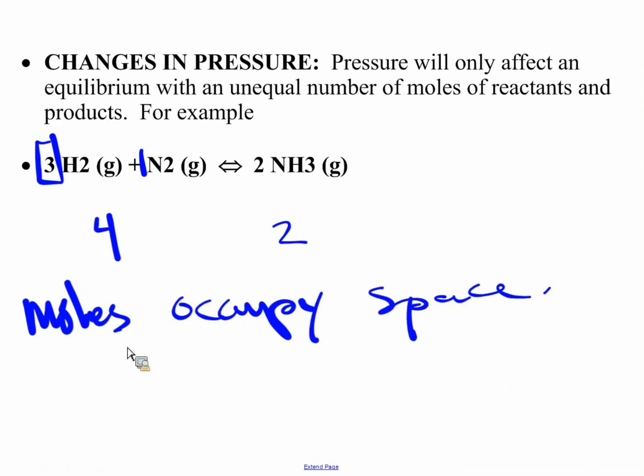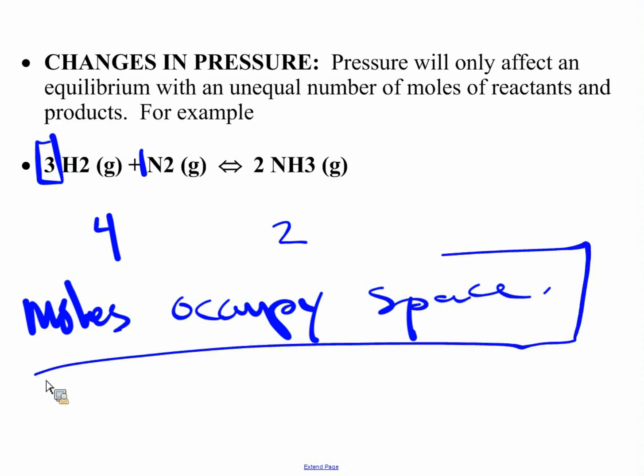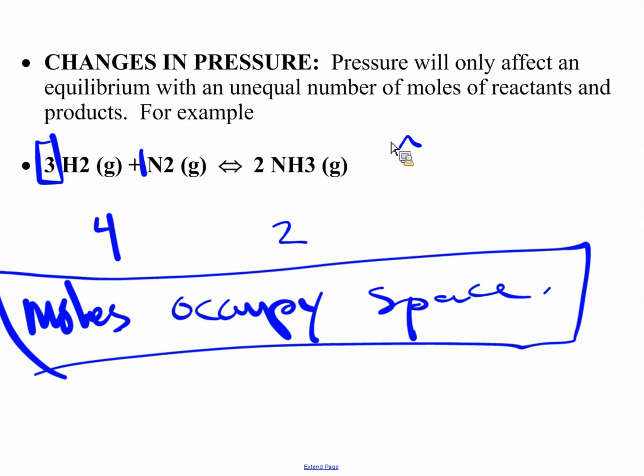They require room to exist. Are you okay with that? In fact, we're going to say that a mole occupies 22.4 liters. Now, that is at standard temperature and pressure, but roughly.